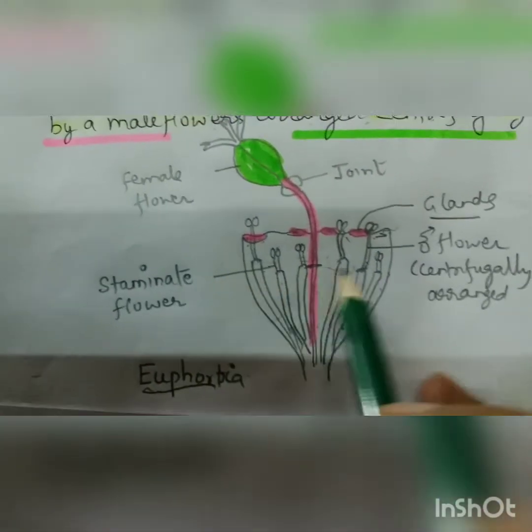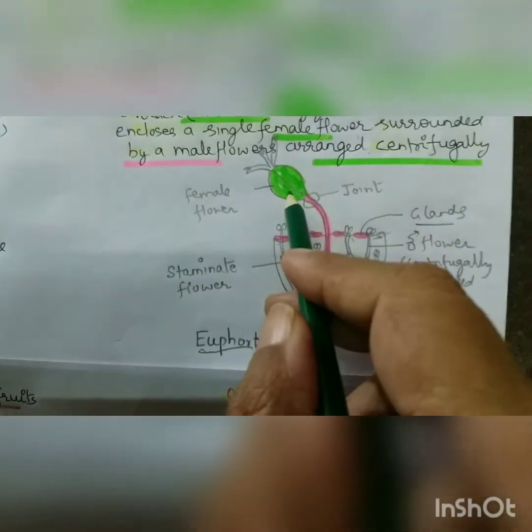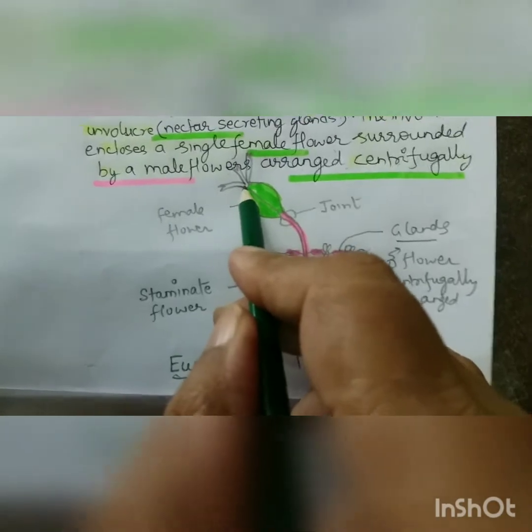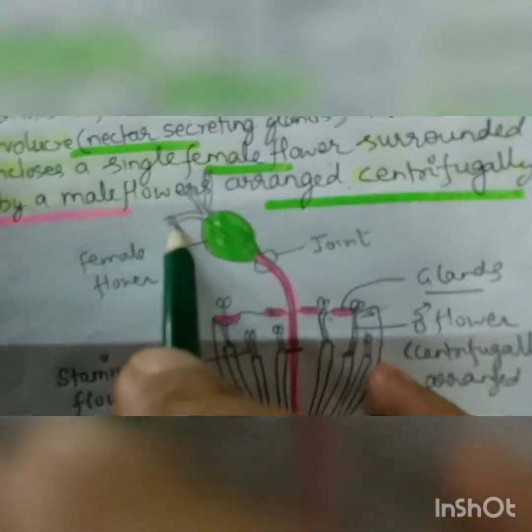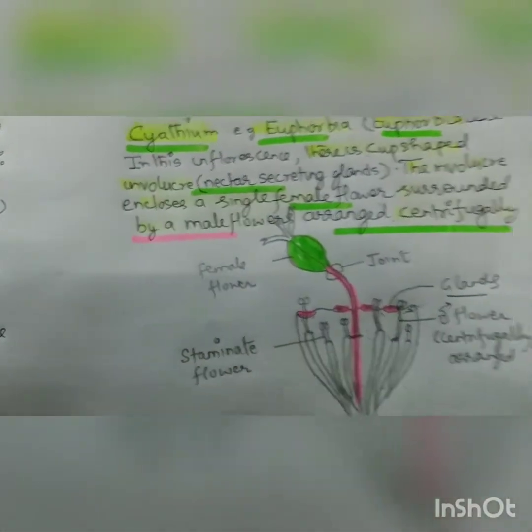So this is the male flower, centrifugally arranged, and then this is the female flower. In the female flower, you see there are 3 styles, and each style is bifid further.